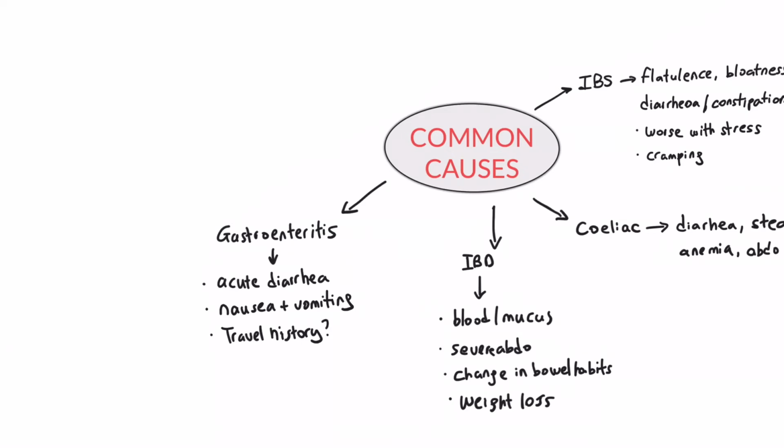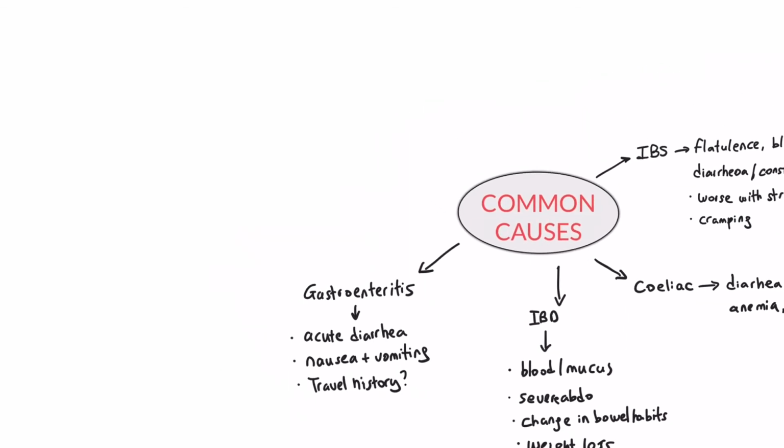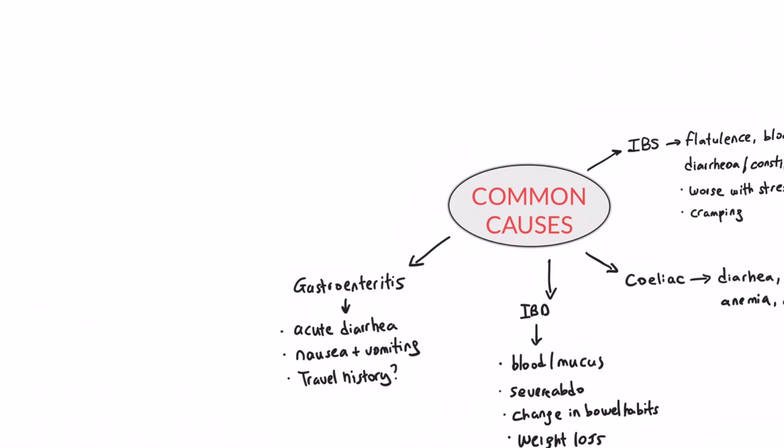And one last one I think you should keep in mind. It's not necessarily a common presentation, but it's the presentation of colon cancer. A patient will present with blood in the stool. Actually, this can come up in the OSCE.